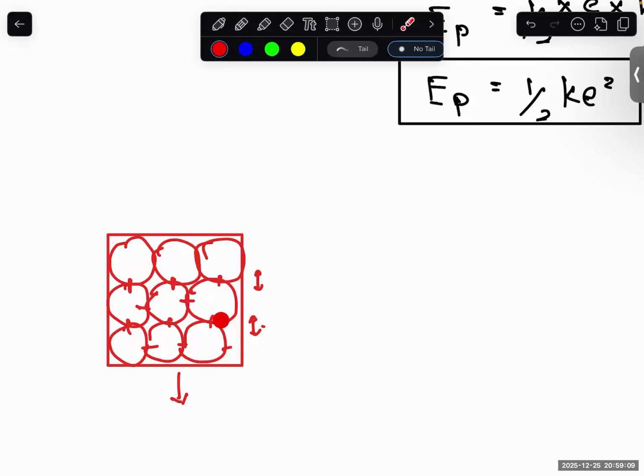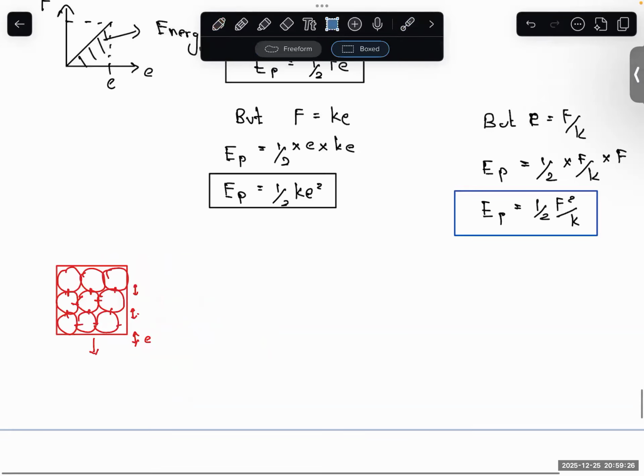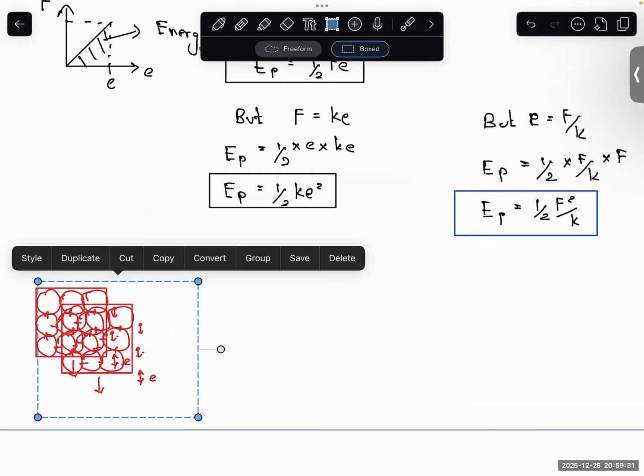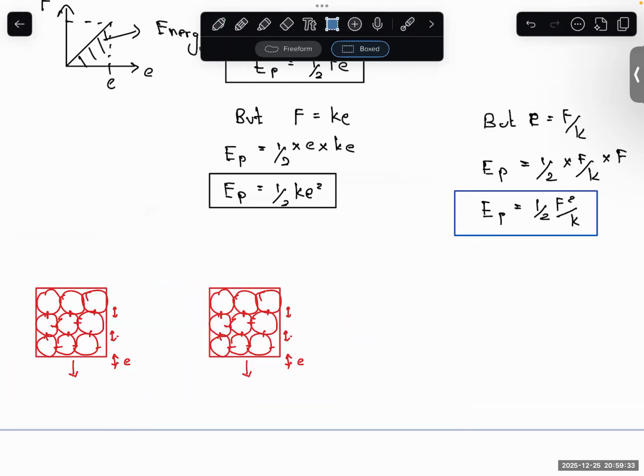When the intermolecular spaces slightly increase, it will produce a resultant extension, a cumulative extension. Now see, when you have more molecules, you will have more intermolecular spaces, isn't it?